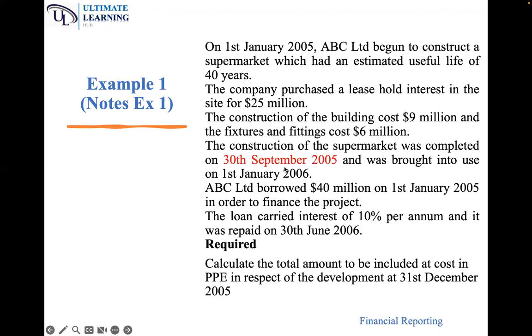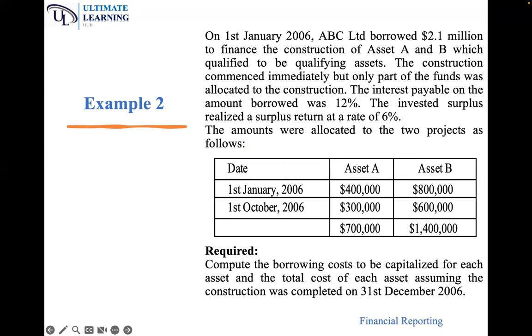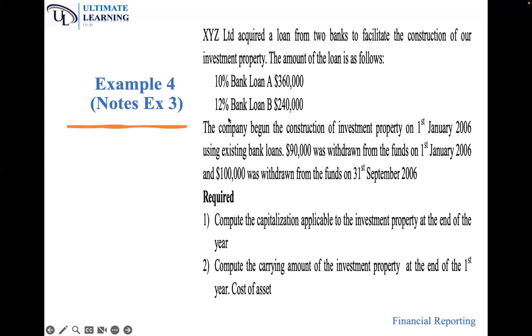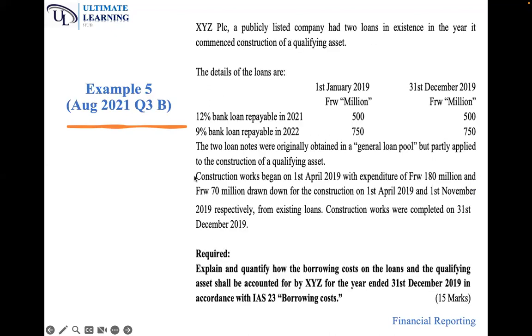There will be example 2, which I'm not reading until we reach it. There is also an example 2 that is a different set of a question. There is example 3, which is from the past papers. There is example 4, which is also from a past paper. There is example 5, which is from a past paper, and I've quoted the past paper.